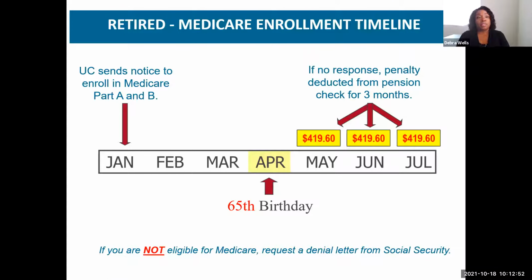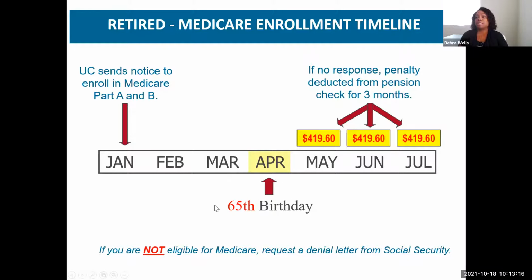So when it comes to Medicare, you can expect a packet from RASC 90 days, 3 months before your 65th birthday. But if you don't receive that packet, it's still your responsibility to make sure that you start the Medicare process 3 months before your 65th birthday month.